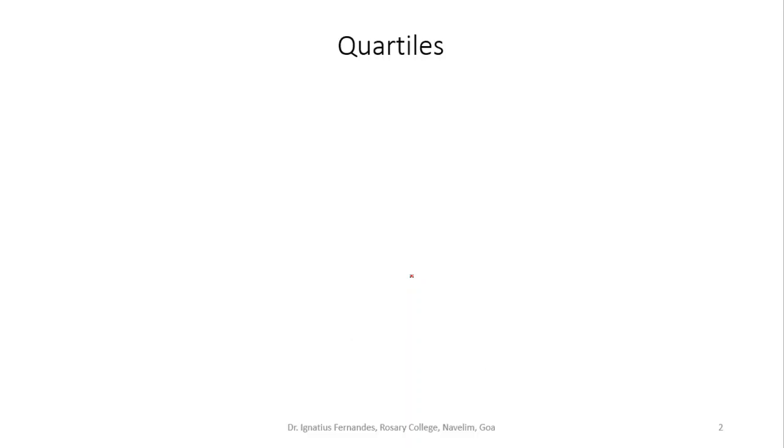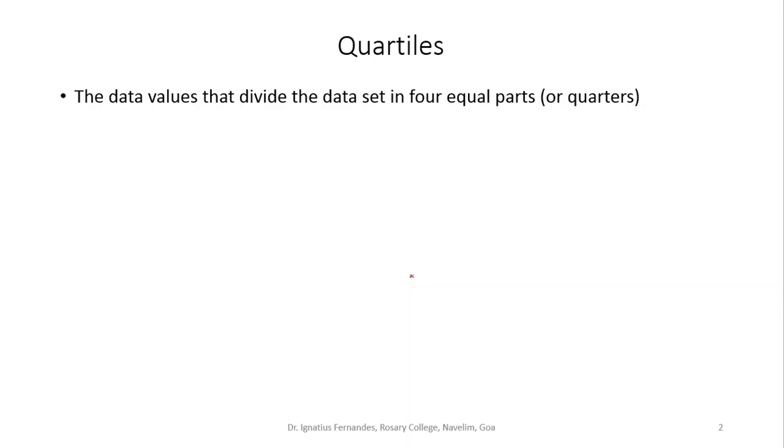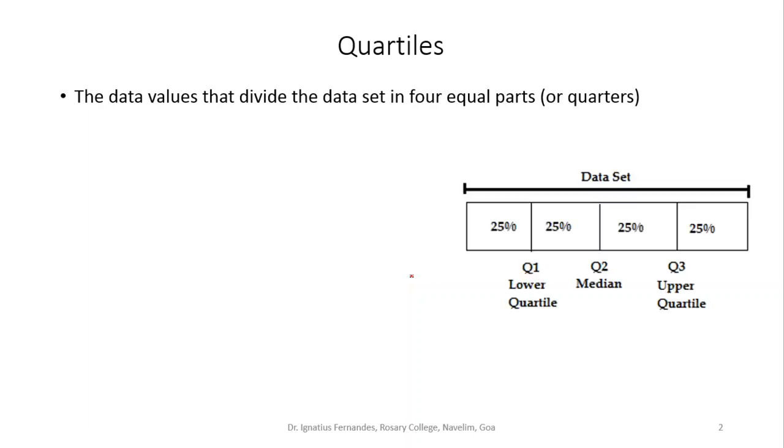Now, what are quartiles? As the name itself suggests, they are those data values that divide the data into four equal parts, or four equal quarters. Let's say, for example, this is my data set, and I am dividing it into four equal parts.